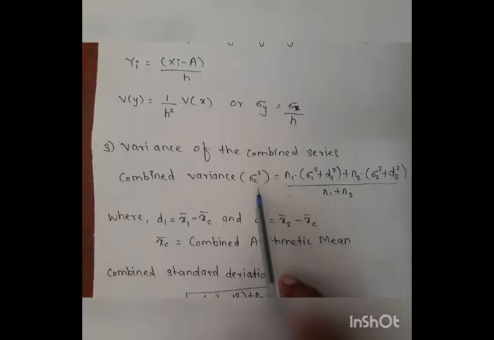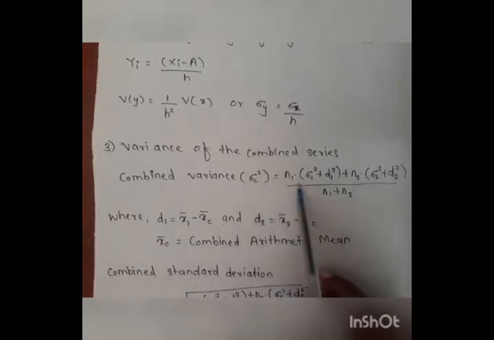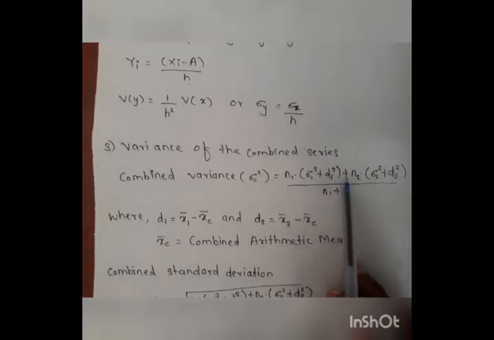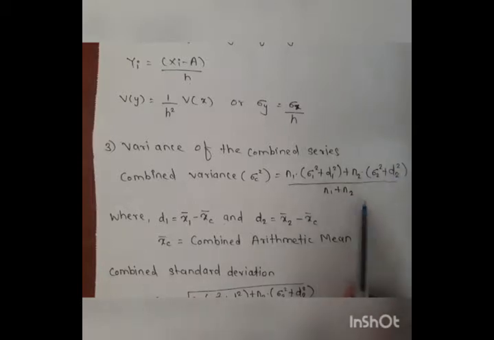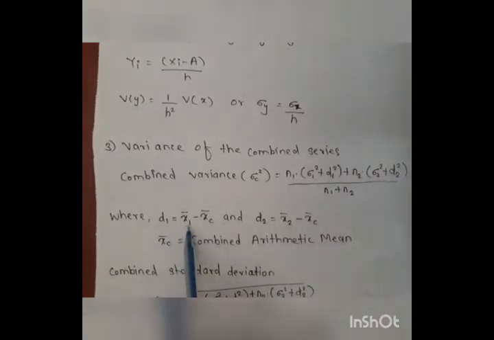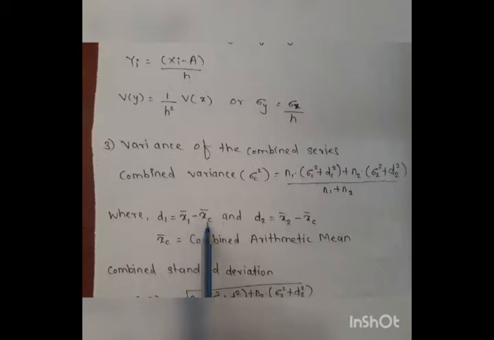Next, variance of the combined series. Combined variance, that is sigma c square, is equal to n1 into (sigma 1 square plus d1 square) plus n2 into (sigma 2 square plus d2 square), divided by n1 plus n2, where d1 is equal to x1 bar minus xc bar and d2 is equal to x2 bar minus xc bar, where xc bar is equal to the combined arithmetic mean.